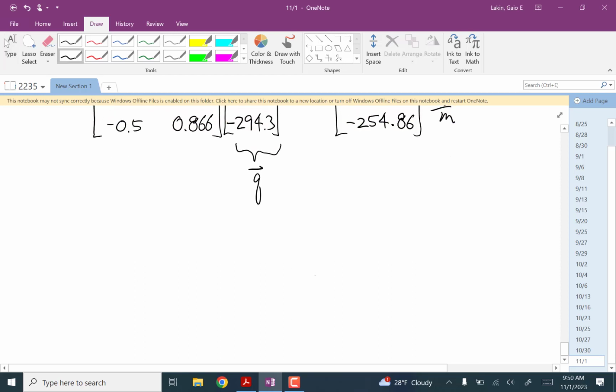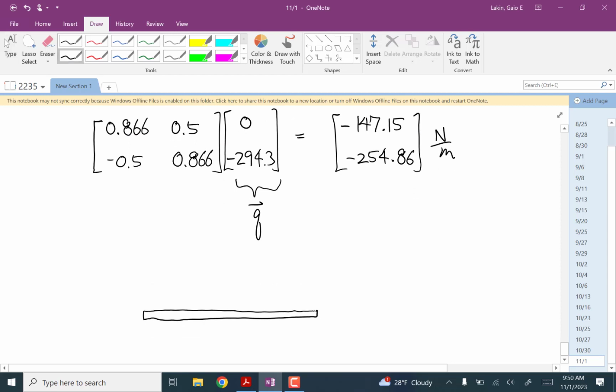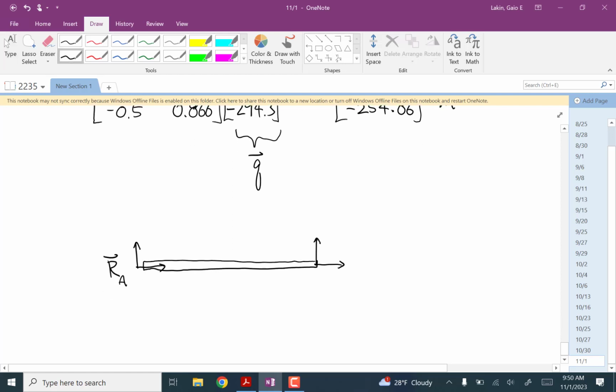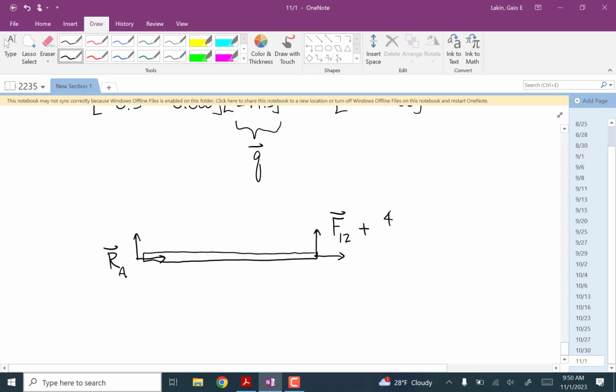And so now what we have is this. Now here's the beam. And we have some reaction force here that I didn't calculate. Over here, we're going to have our shifted F12, and we're adding to that the point force that we got here, 433, -250.